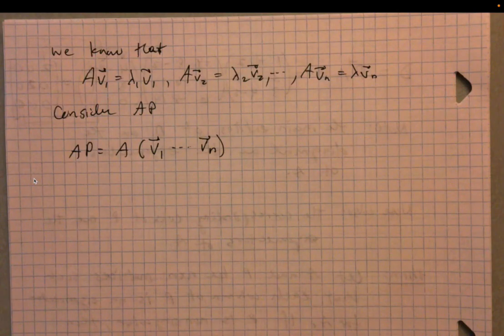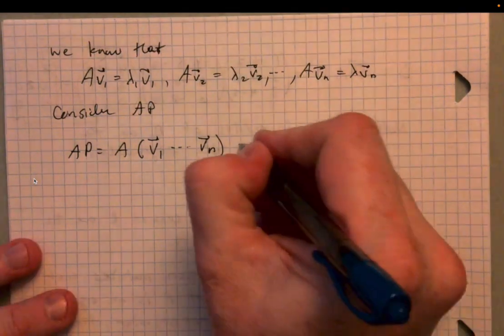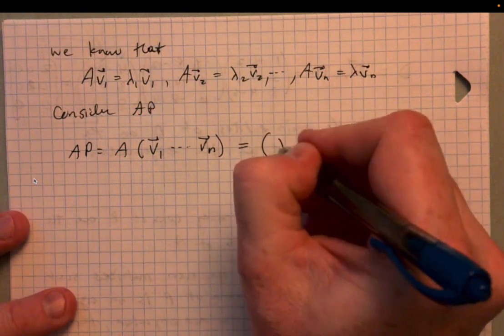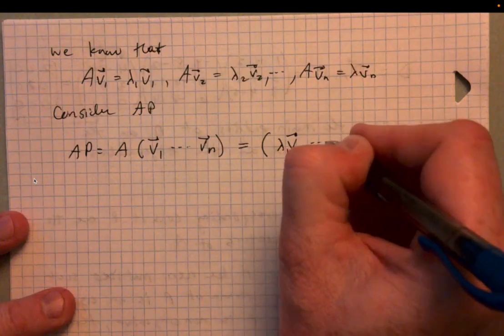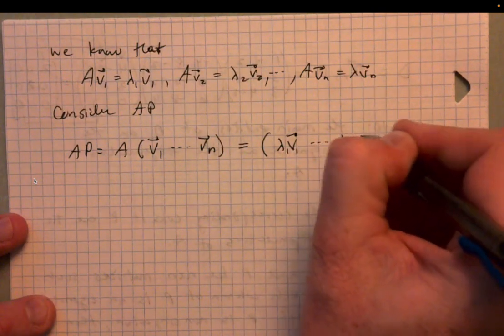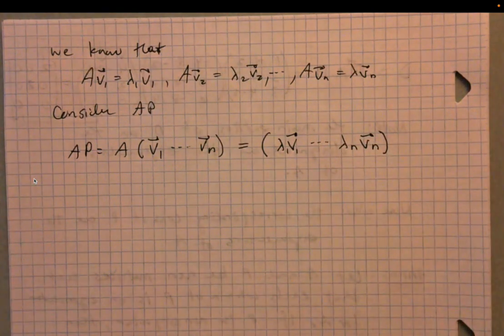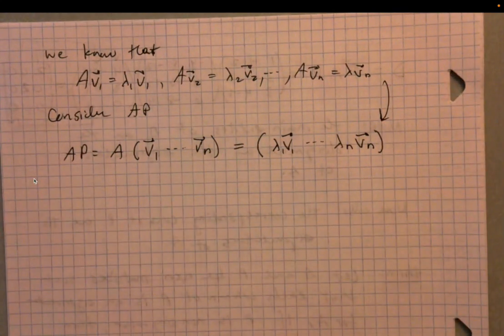These are columns in a matrix. And we know that that's equal to the matrix that would look like this: lambda 1 V1 dot dot dot lambda n Vn. This just follows directly from what we previously stated.